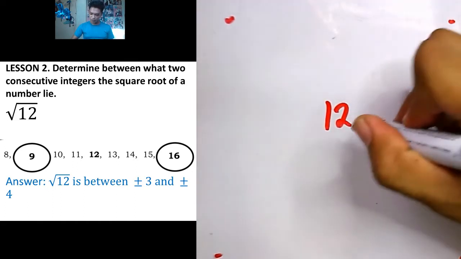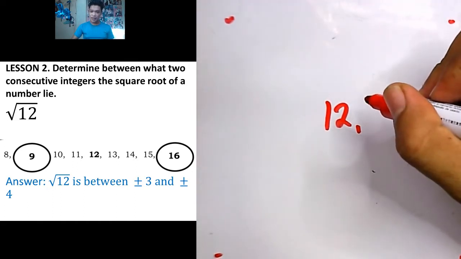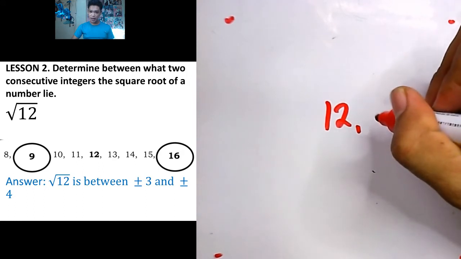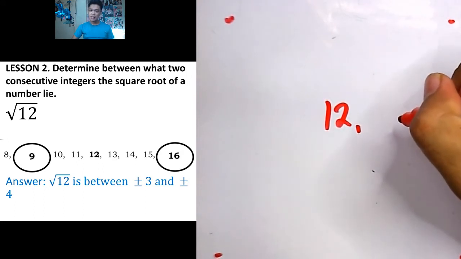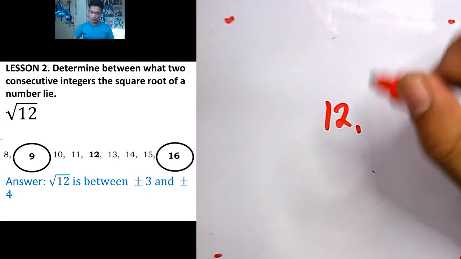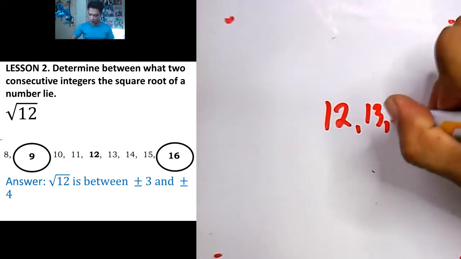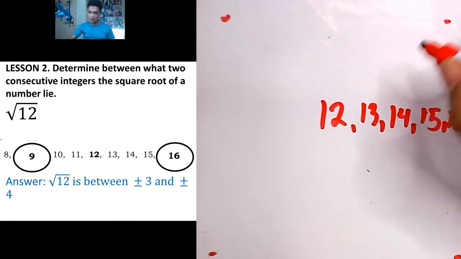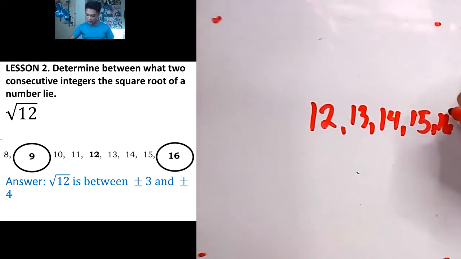First, you identify the next perfect square number above 12 and the next perfect square number before 12. So we have 12, 13, 14, 15, then 16. And 16 is a perfect square, so we end here.